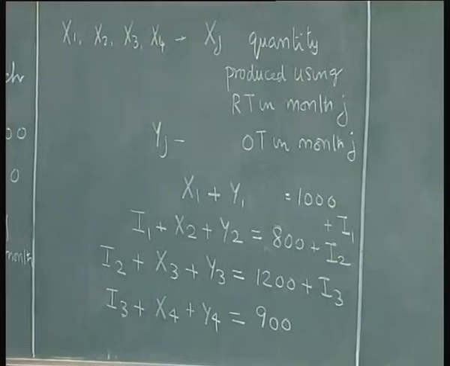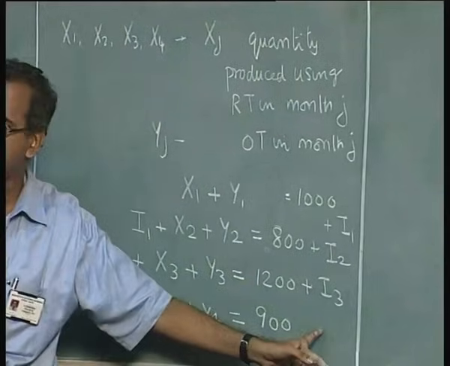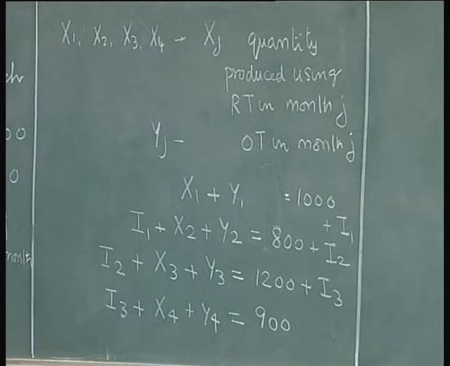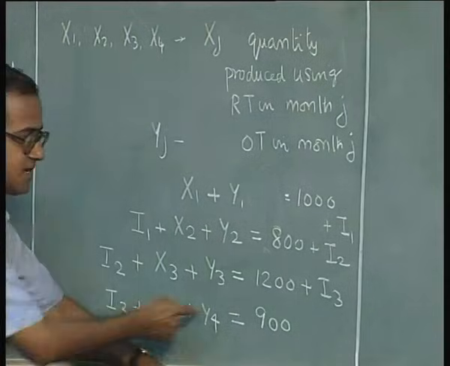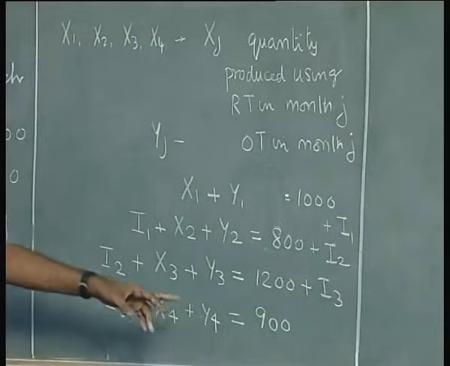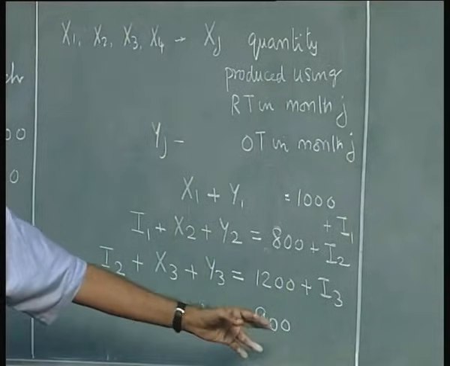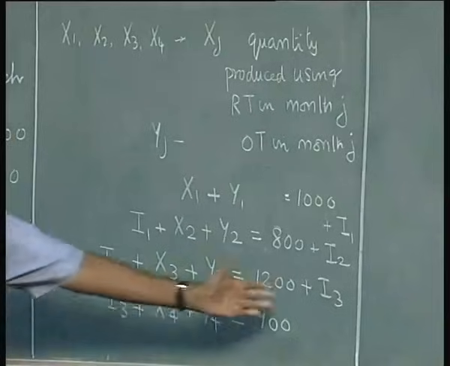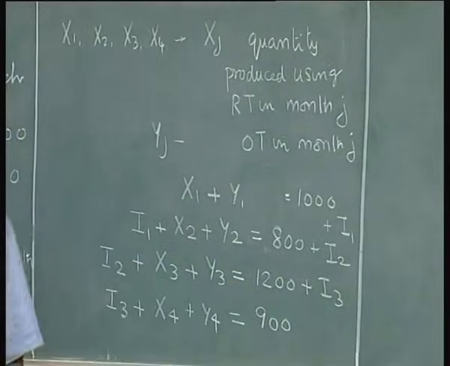We are not using an I4 here because the problem stops at the end of the fourth month, and therefore we adjust these quantities in such a way that we get exactly 900, which is required to meet the demand of the fourth month. So, we do not use an I4 here.